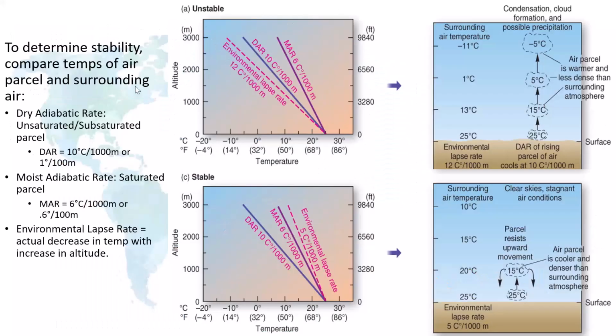So keeping these graphs in mind, making sure that you understand exactly what you're seeing here, take a minute to read through them, read through all of the supplemental reading, and if you still have questions, please do not hesitate to reach out to me.